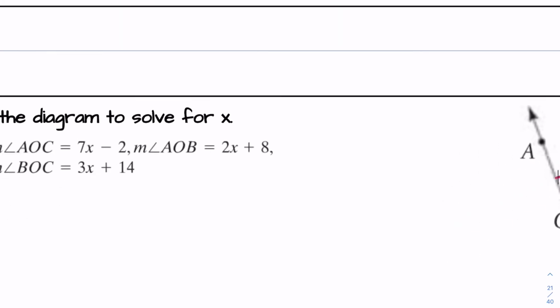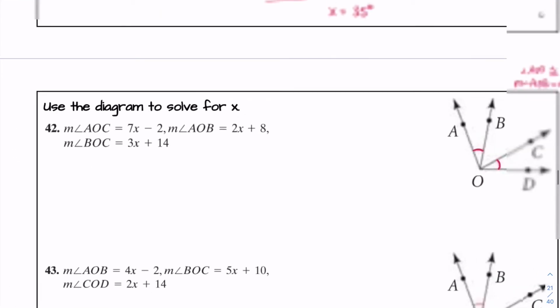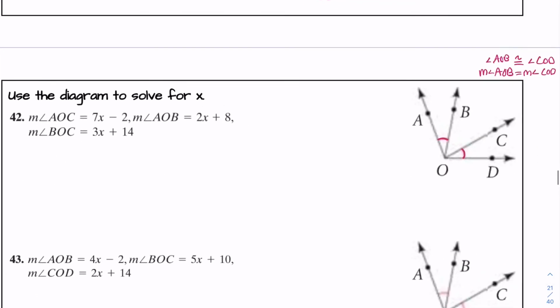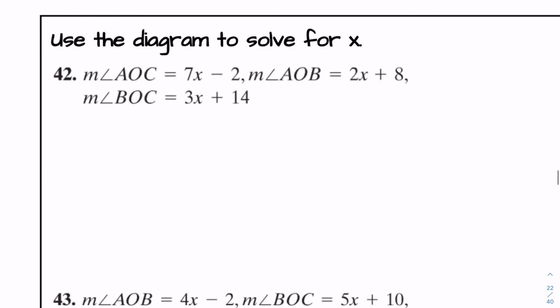So knowing that they're equal, we have AOC is given, and we want to find BOC. Okay, so here's our strategy for this one. Because we know AOC is equal to the measure of angle AOB, let's substitute in for both of the angles.